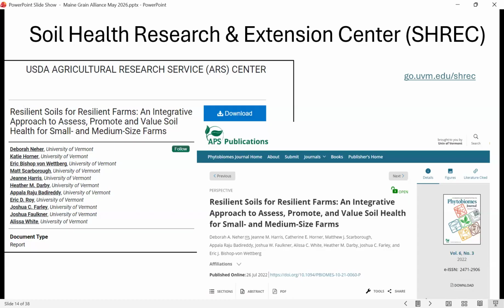They also wanted more biological measurements. So we set up the mission of SHREC to introduce more biological measures, and also those that we know respond well to different management practices, so that we can improve our calibration and interpretation and be more regionally specific.